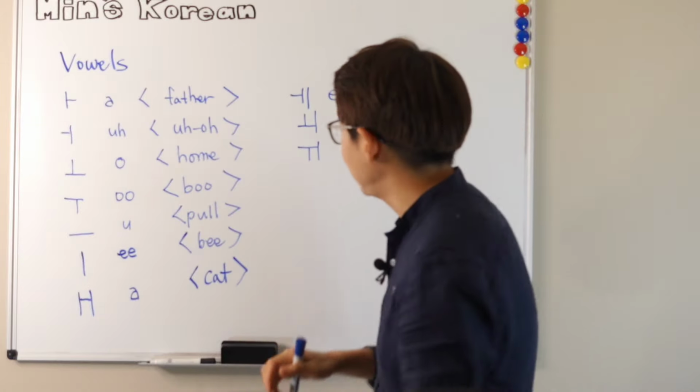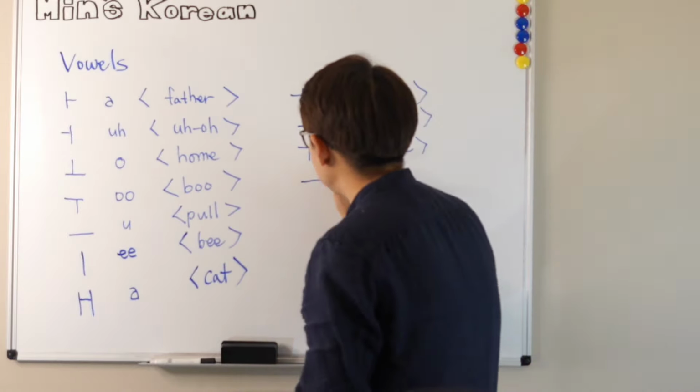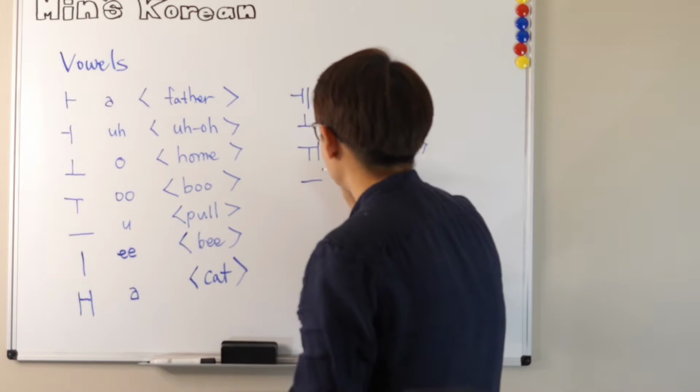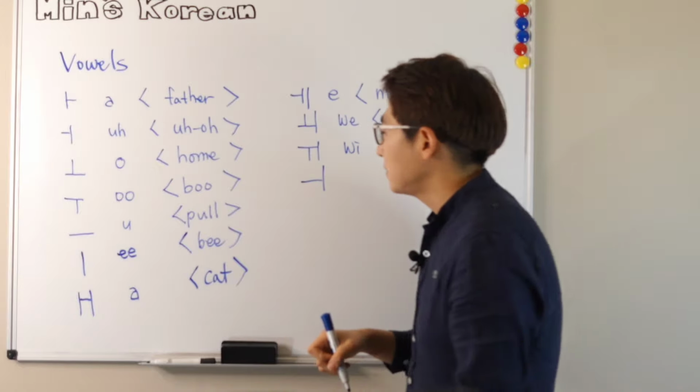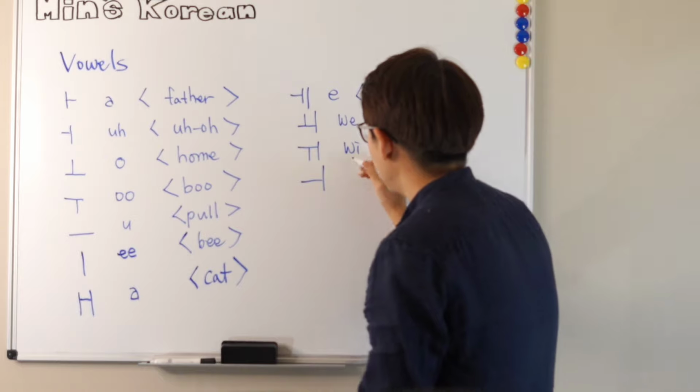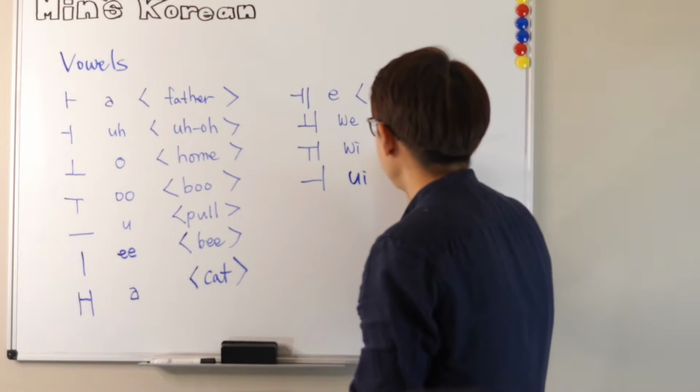All right. And next one we have here, two neutral vowels together. But you have to say these sounds fast. So this one is ui.